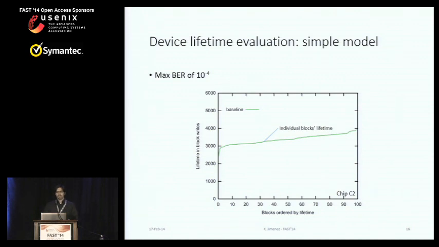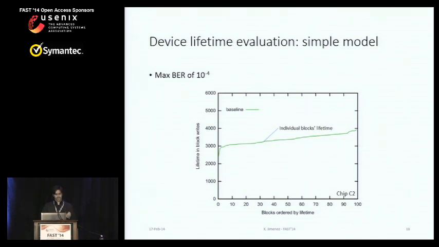So now let's look at the lifetime extension we can get out of it. We start first with a simple model, not looking into a full simulation, but simply assuming constant writes to some blocks. We characterize the endurance of 100 blocks, programming them normally. In this figure, we show the lifetime, or endurance, of each block, ordered from the lowest endurance to the highest one.